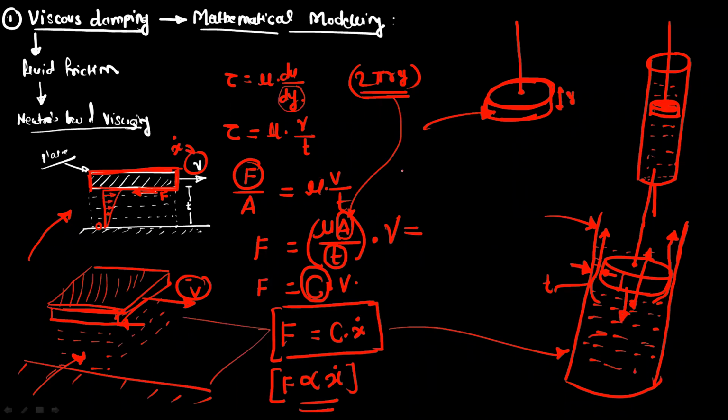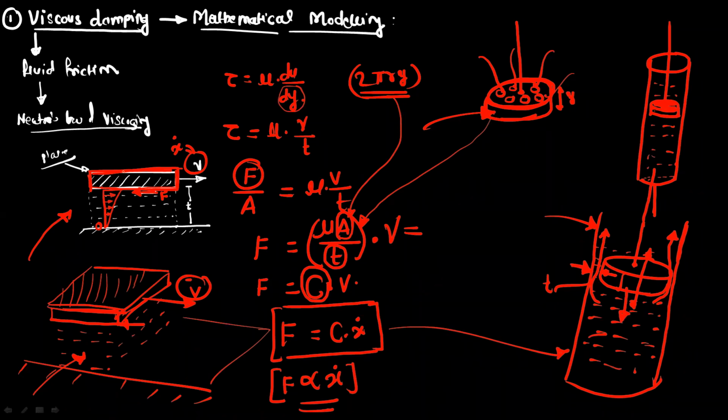If you modify this piston by adding these small holes, the constant value will change, so the equation becomes more complex, because we need to consider the effect of these holes. So this is one general idea of how Newton's law of viscosity is used to design the damper, specifically the telescopic damper.